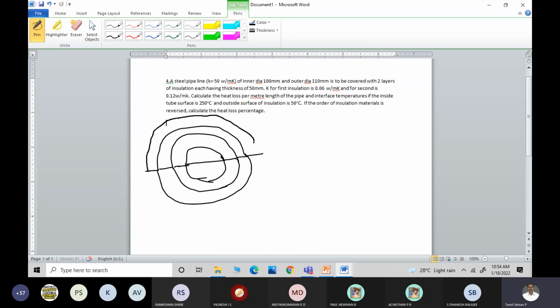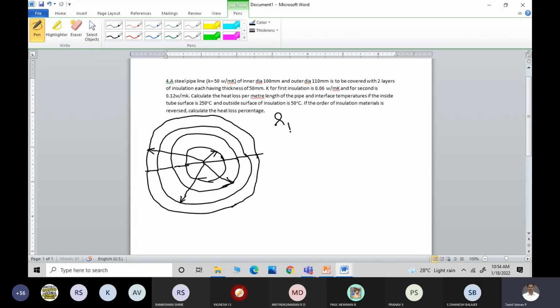Kindly bear with my diagrams. As I mentioned earlier, I am drawing it as a smooth surface. So this is R1, R2, R3, R4.